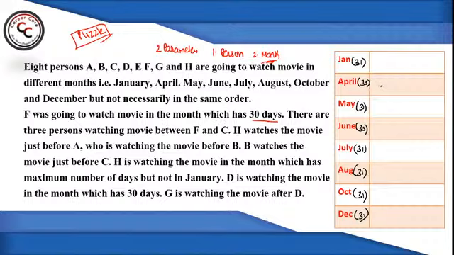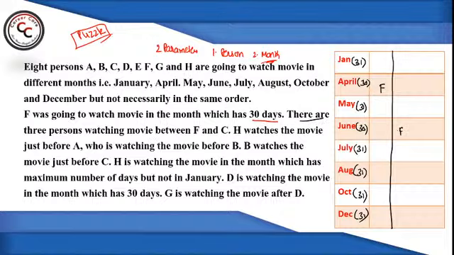That means F can be in the month of April or June. So these are the 2 possibilities which you are getting. So let's continue with these 2 possibilities.